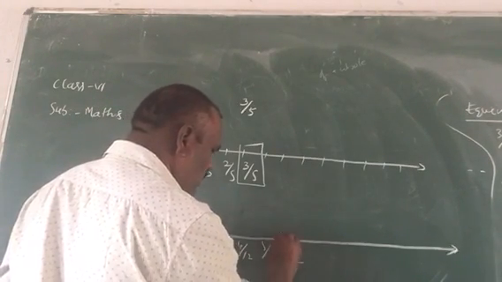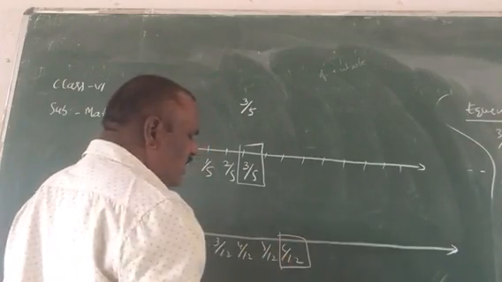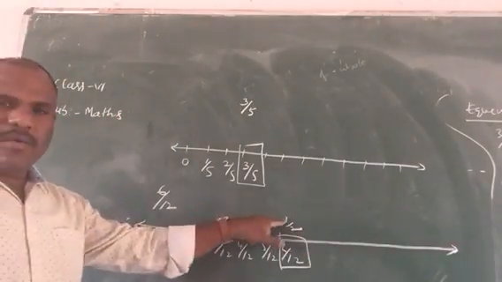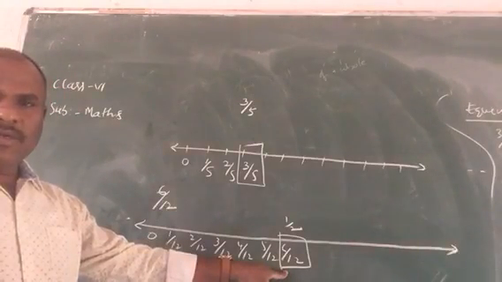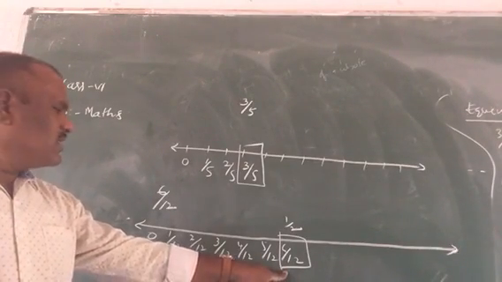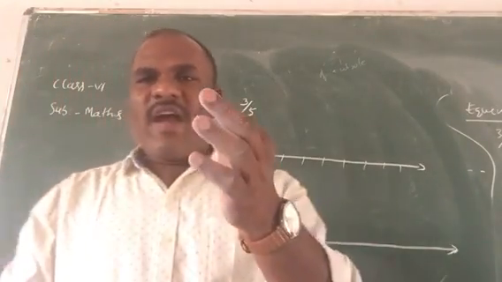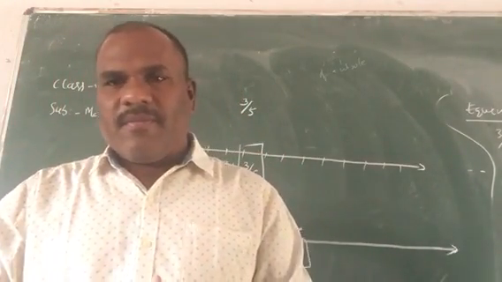And 6 by 12 is what, children? 1 by 2. So this is the representation of 6 by 12 on the number line. Like that, we can represent any fraction on the number line very easily.